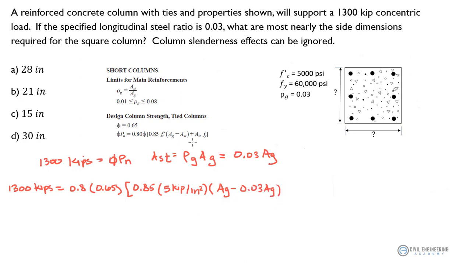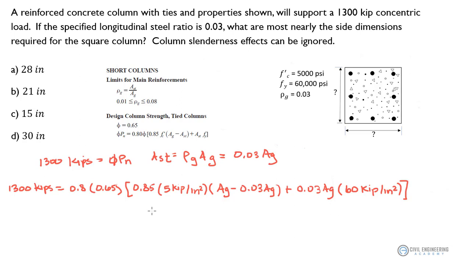And all of that is going to be plus 0.03 times A sub G, all times the yield strength of our steel. Again, we keep things in terms of kips, so this one's 60 kips per inch squared. Make sure that's bracketed properly.